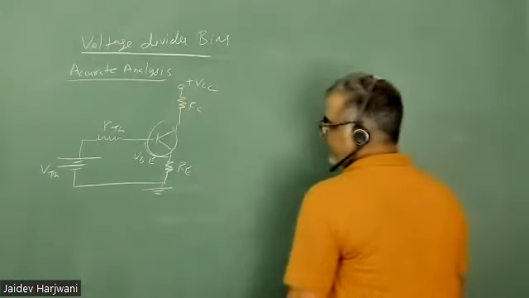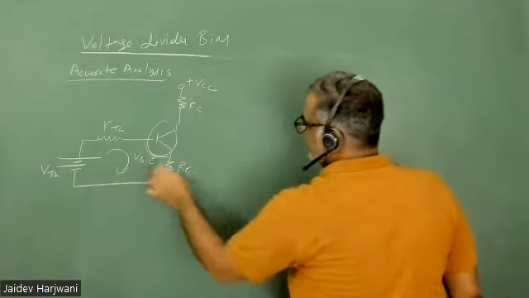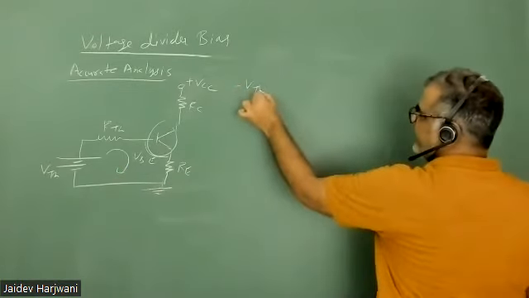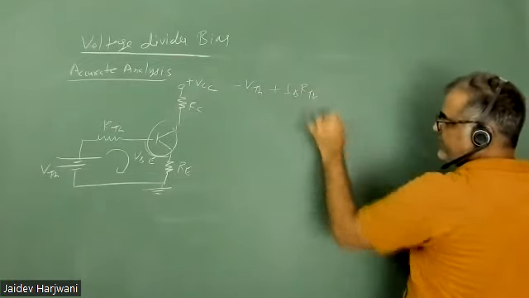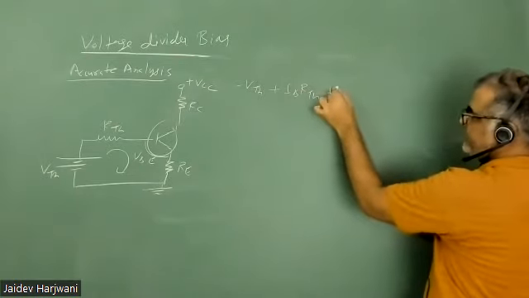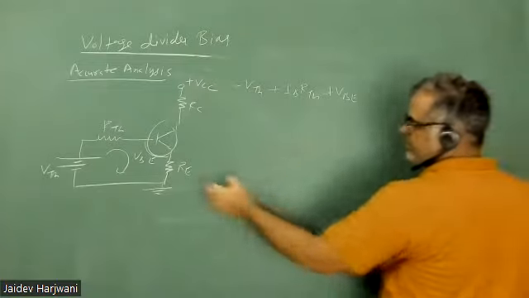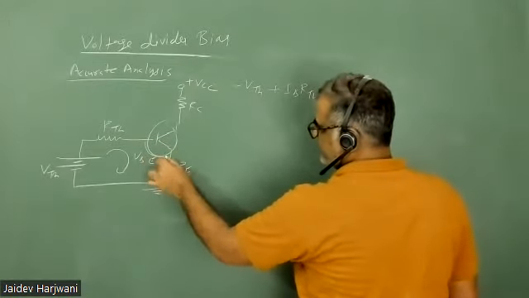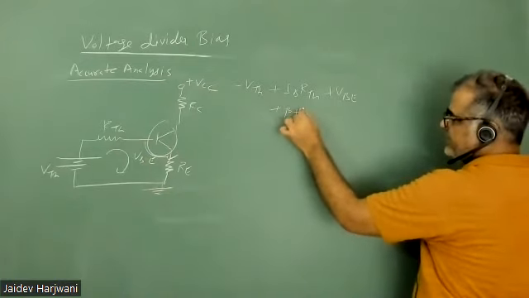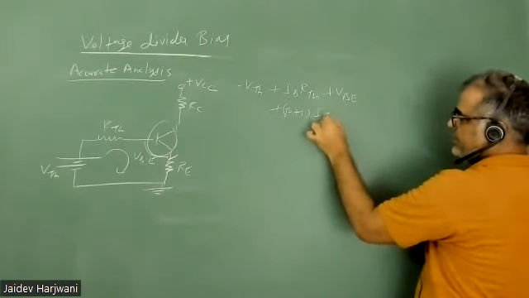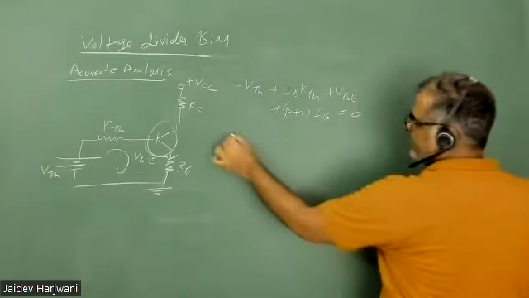Now you can do the analysis here, and this is VThevenin. So I can write the equation in this input loop: VThevenin minus IB R Thevenin, then VBE, and then beta plus 1 IB RE equals 0.